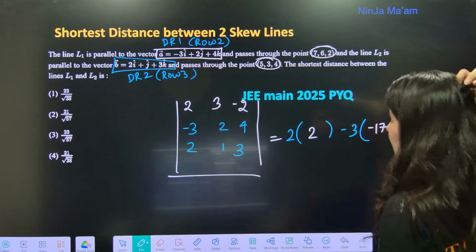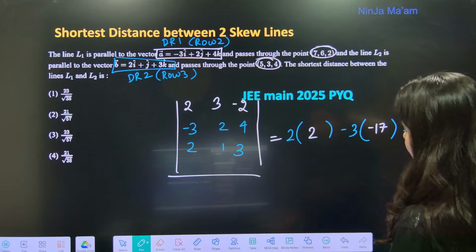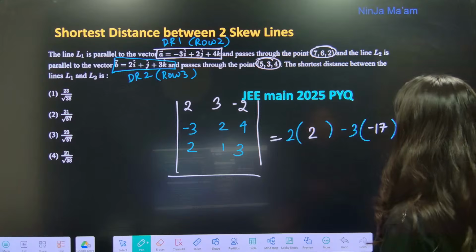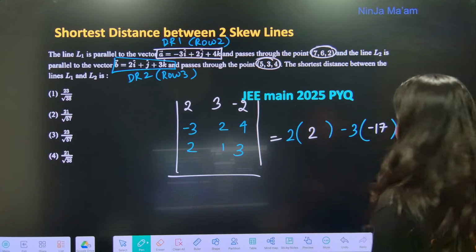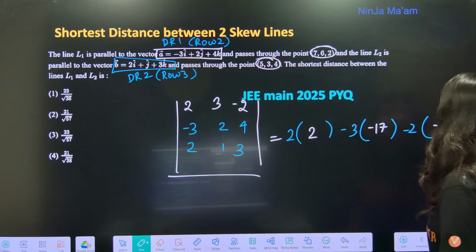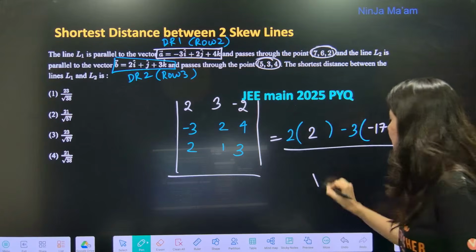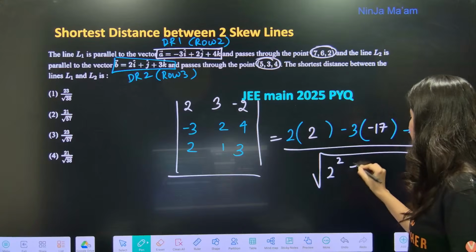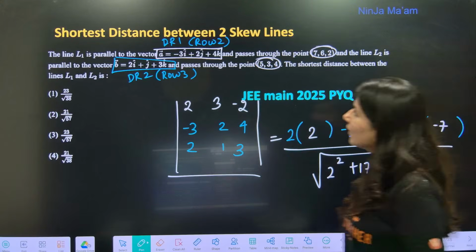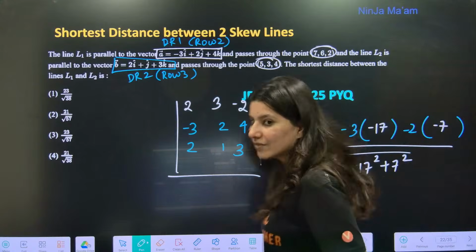Let me check one more time. Have I written 2 1 3? Absolutely. And 7 minus 5 is 2, -2, correct. Now -3 -4 is -7. Now upon this is going to be 2 square plus 17 square plus 7 square. This is your answer. So this is how your answer will look.